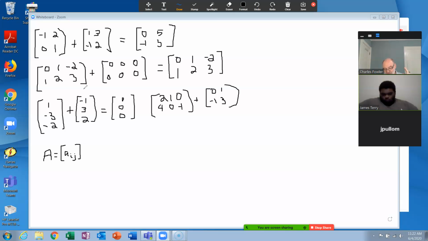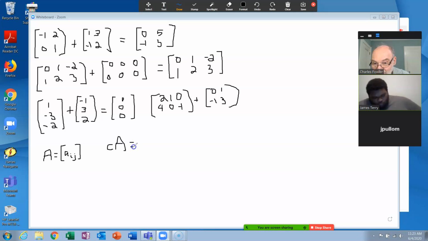Then we say the scalar multiple of A by c is the m by n matrix, the same size as what we started with, and that matrix will be c times A. Okay? It's that simple. The scalar multiple of the number c and the matrix A is cA. Now, here's what that means.